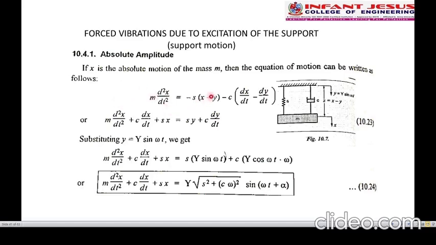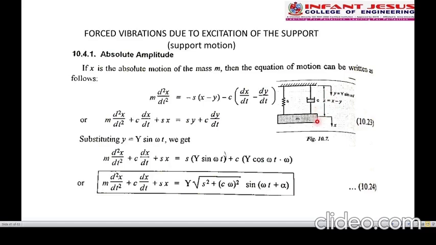Absolute response means, here there is a mass. If x is considered as the absolute motion of the mass, without considering the displacement from the support, so if we consider only the displacement of the mass, that is x alone, and we do not consider y, then it is called the absolute response or absolute amplitude.